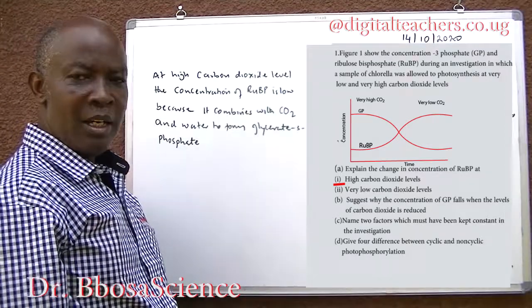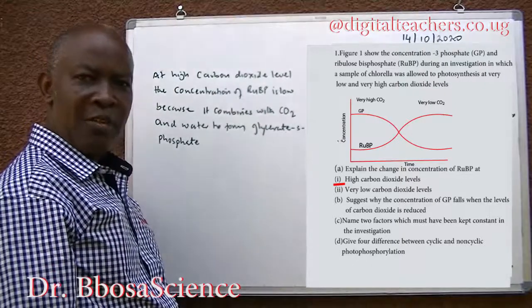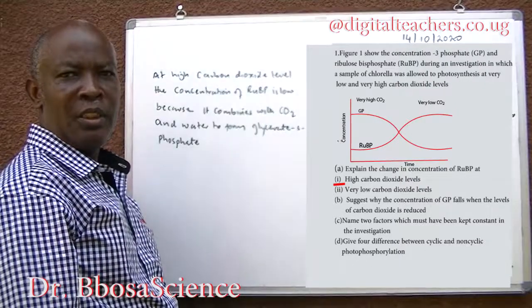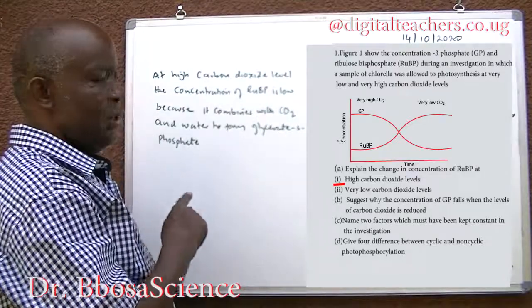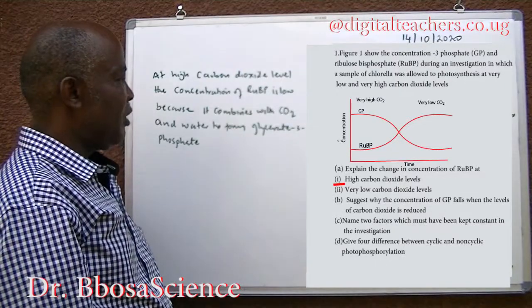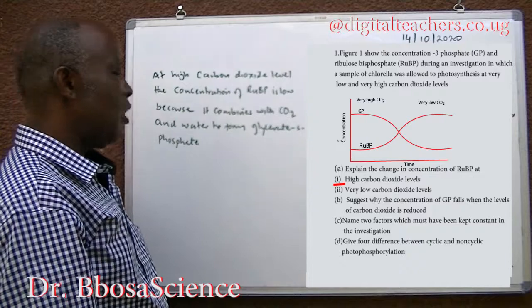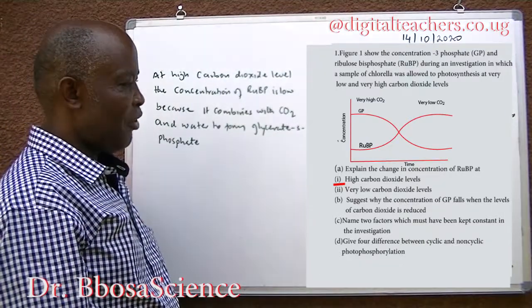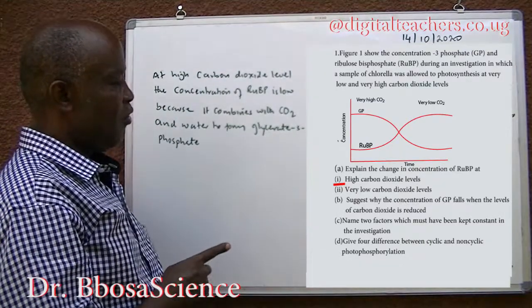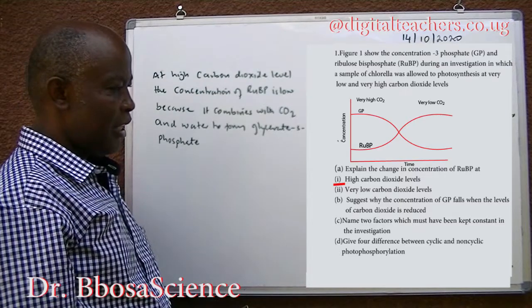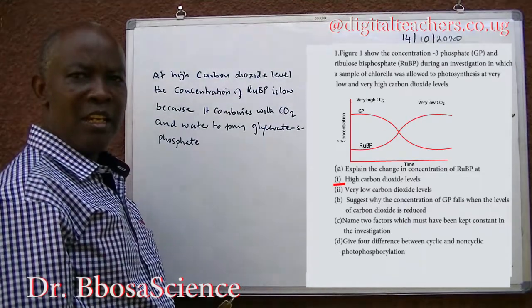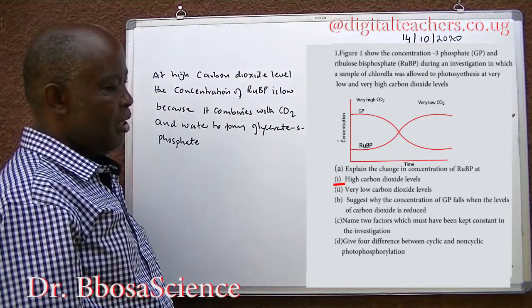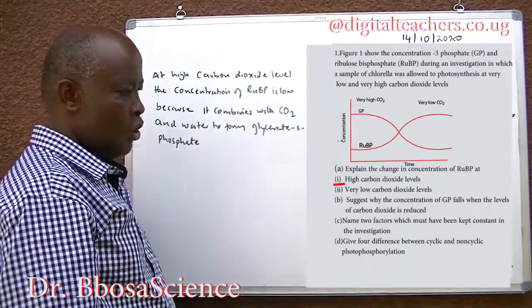You remember in the chloroplast cycle, ribulose biphosphate combines with carbon dioxide and water to form glycerate phosphate. That's why the concentration of glycerate phosphate in the graph is high, while the concentration of ribulose biphosphate is low.